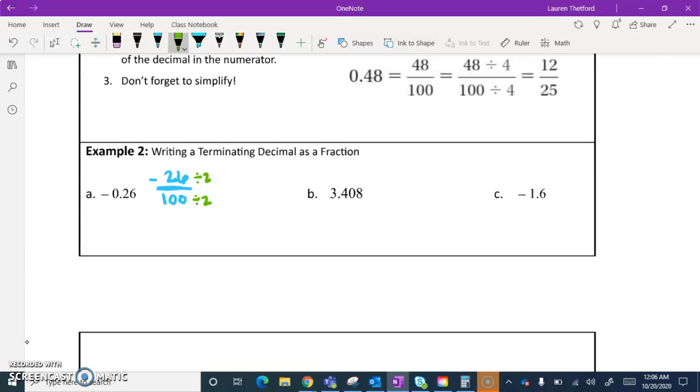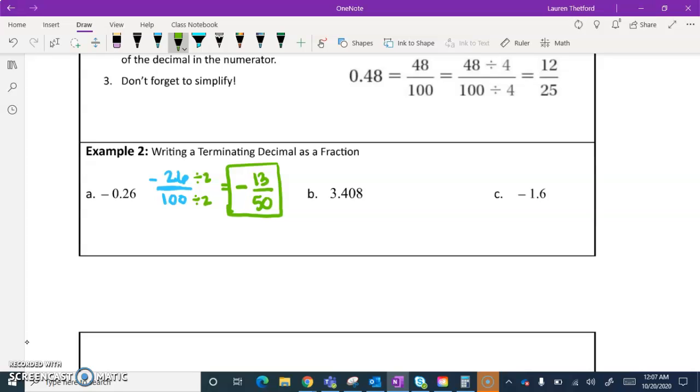So when I simplify this fraction, that gives me negative, and that negative has to keep coming along with us. 26 divided by 2 is 13, and 100 divided by 2 is 50. So negative 13 over 50, or negative 13 fiftieths, gives us our simplified fraction.